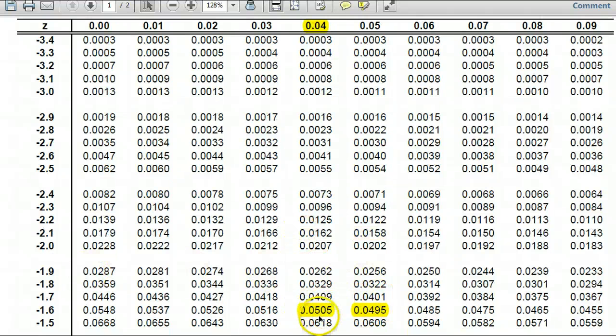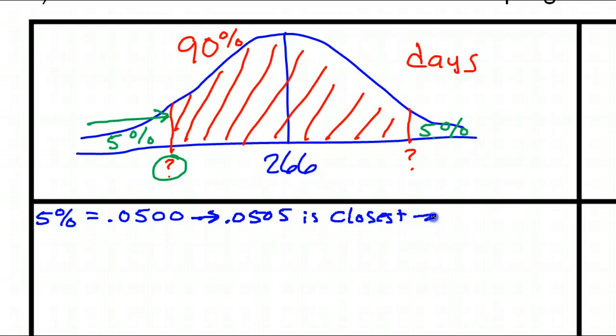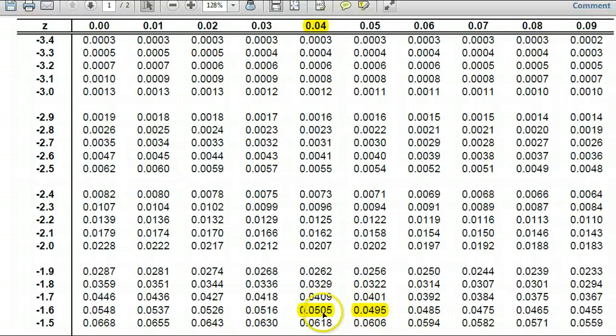All right, so when it's exactly the same distance away like this, if that happens, I will accept either one, okay? Just bottom line, I'll accept either one. So I'm going to go ahead and use the 0.0505 as the closest. Okay, so just write that down. 0.0505 is closest. Okay, now let's see what z-score that gives us.